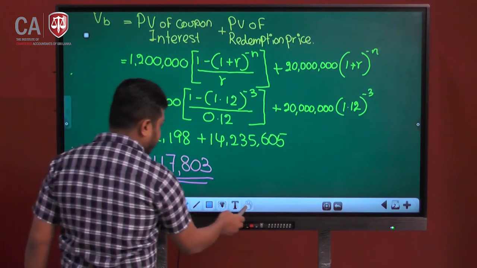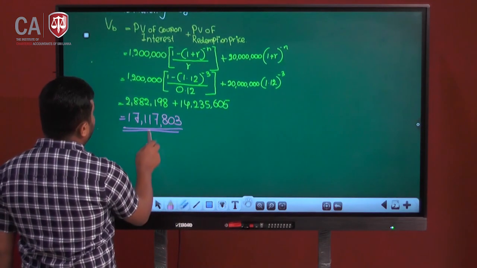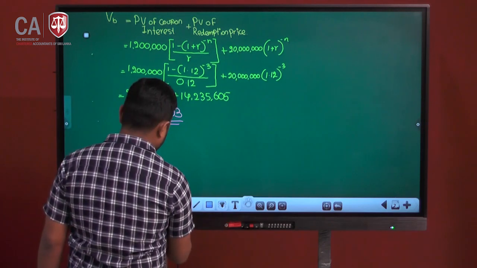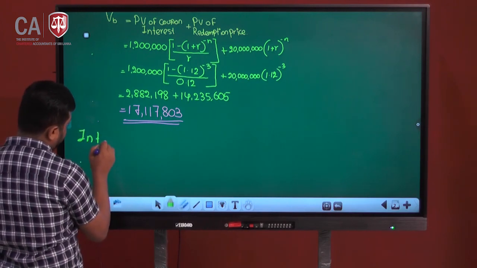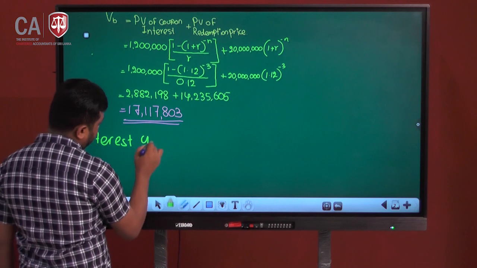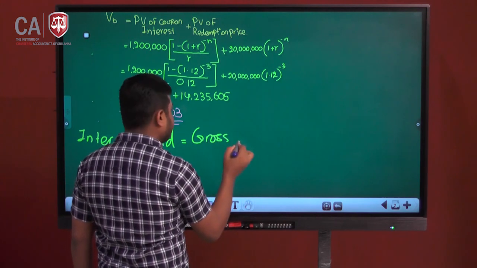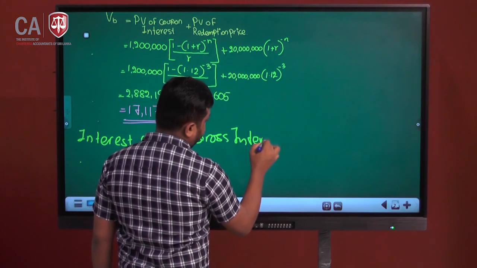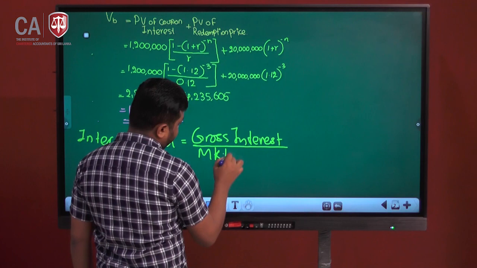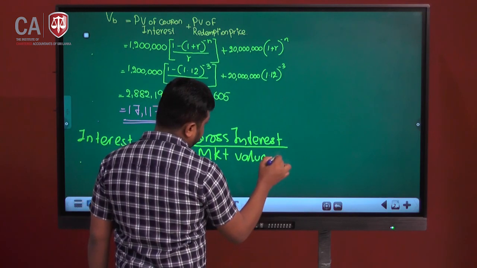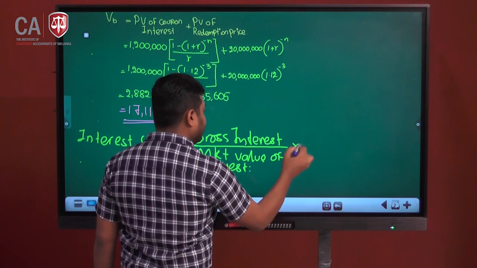If you want to calculate interest yield, interest yield equals gross interest divided by market value of the investment, into 100.